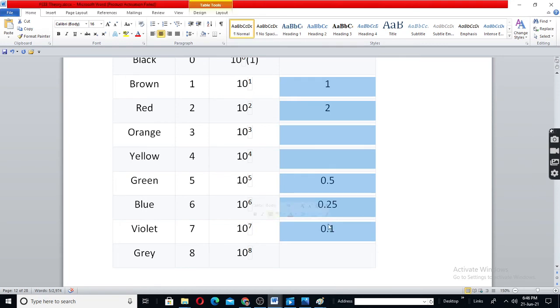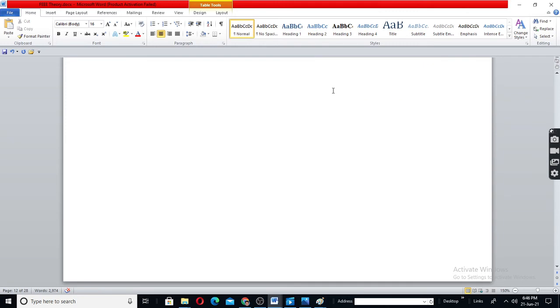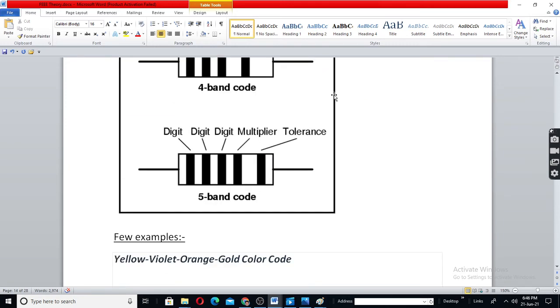These tolerance bands have lesser tolerance, means lesser variation, means lesser error. So quality is good. So like that, we are going to see that.